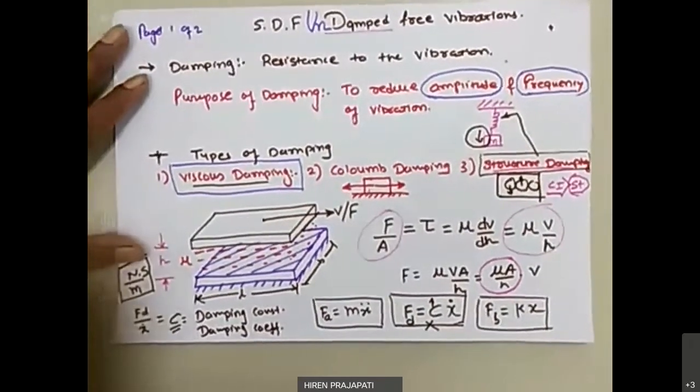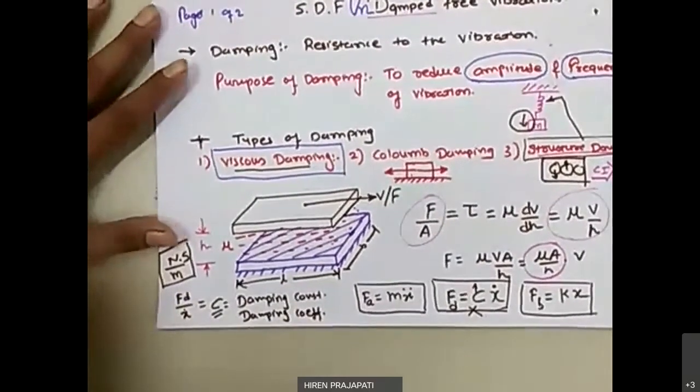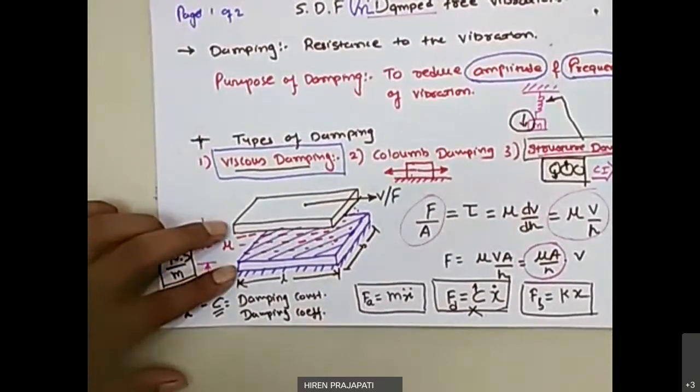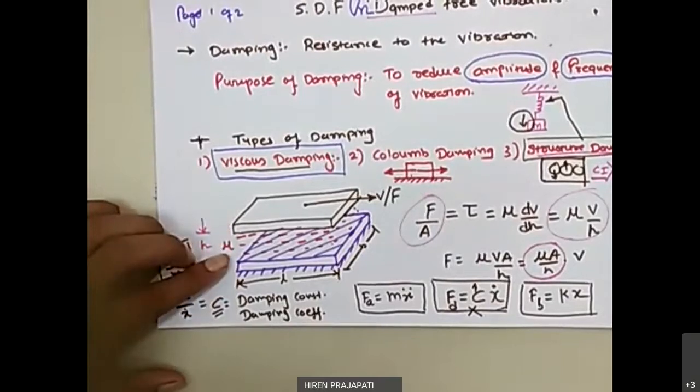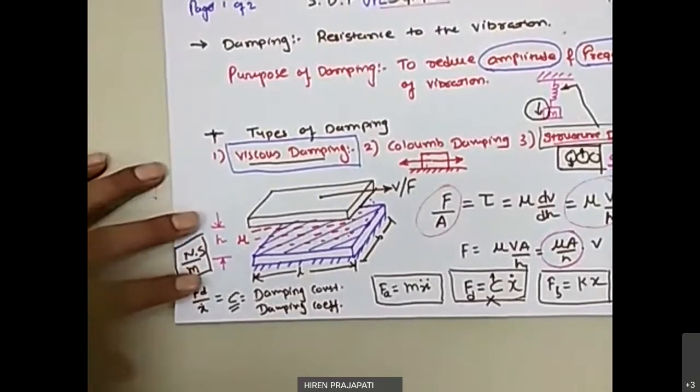That's why we saw the principle of viscous damping by considering one fixed plate and one movable plate. In between these two, we have some fluid whose viscosity is mu, and the distance between the two plates is small h, right?